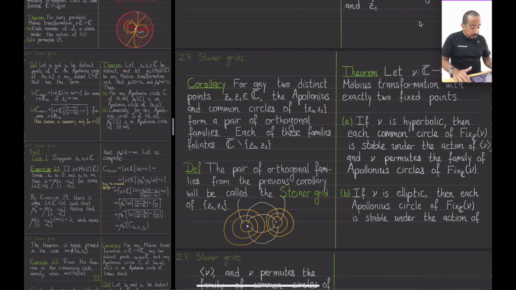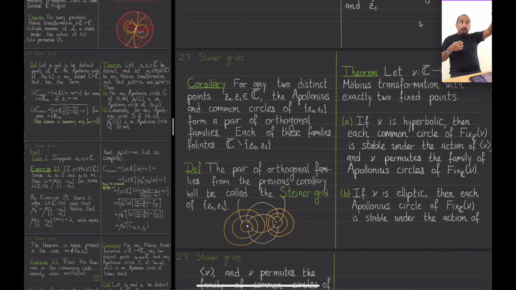Then if nu is hyperbolic, which means that it's conjugate to a homothety by a positive real number, right? Now, a homothety by a positive real number preserves each common circle between 0 and infinity.